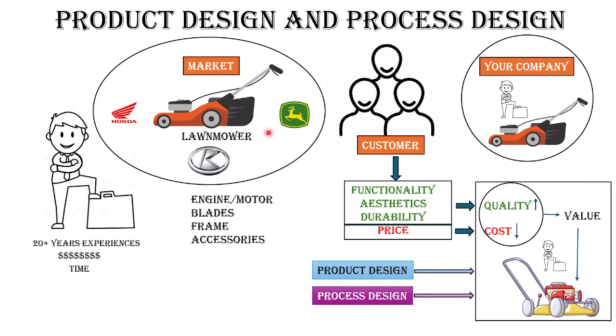So last lecture we learned about what is meant by product design and process design. The summary from the lecture is that product design is basically adding value to certain components so that the customer buys it, and the value has two basic components: quality and cost, fundamentally.